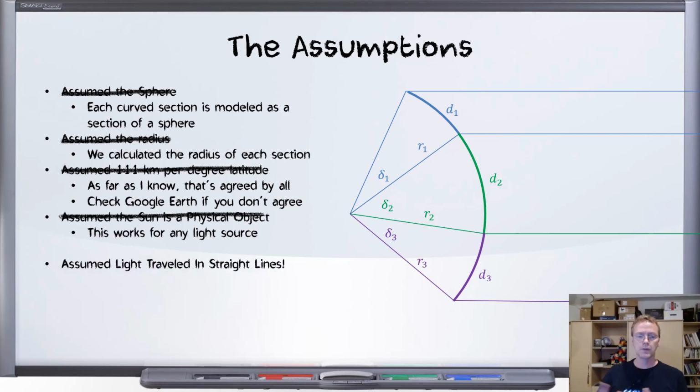Finally, have I assumed that the light from the sun traveled in straight lines? Yes, actually I have. We are assuming that. And so ultimately I expect we'll circle back on this after we have our observations and we find what we find.